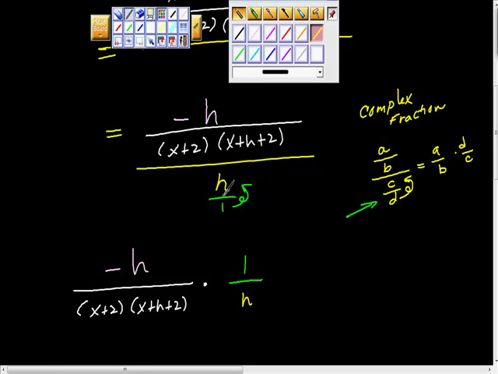Hopefully you're seeing that this 1 is this one, this h is this one, I took the reciprocal here. Now look what happens. H goes into itself once, so this becomes negative 1, and this becomes a 1. And negative 1 times 1 equals negative 1 all over x plus 2, x plus h plus 2.